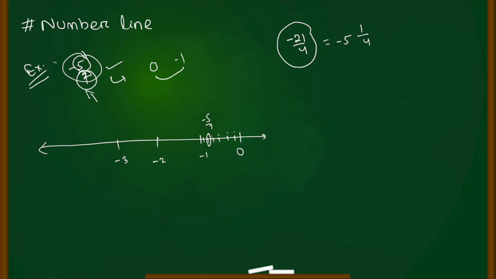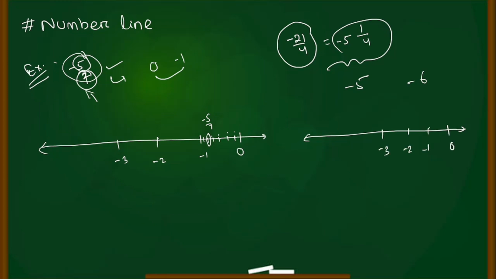Now this is minus 5 whole 1 by 4, means this number is between minus 5 and minus 6. Suppose this is the number line. This is 0, minus 1, minus 2, minus 3, minus 4, minus 5, then minus 6.